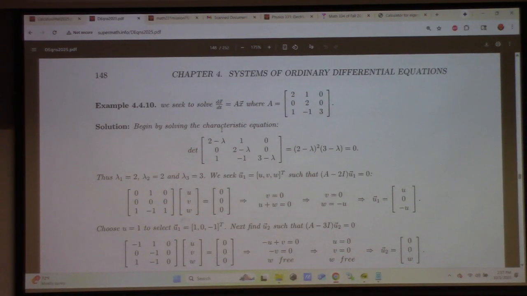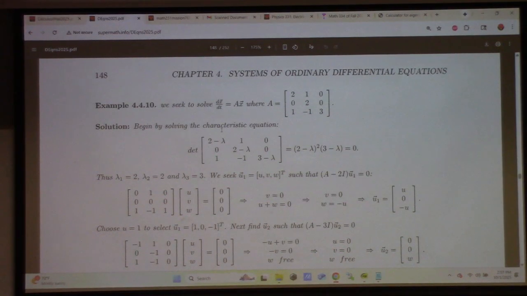So we're looking at the determinant of the matrix with 2 minus lambda, 1, 0, then 0, 2 minus lambda, 0, and then 1, minus 1, and 3 minus lambda. This one's too nice, but let me show you what happens if you're not clever.